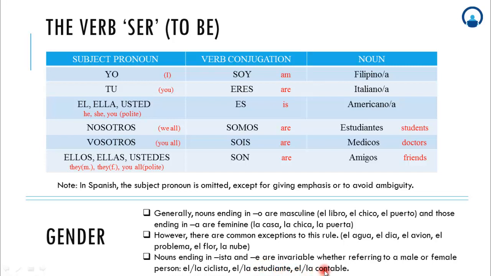Similarly, el contable for a boy, la contable for a girl. So that's the start of our grammar. Practice this table as much as you can because this is the basic and the most important grammar we can use, and that will be used a lot of times in future. Also remember these gender rules for future use.